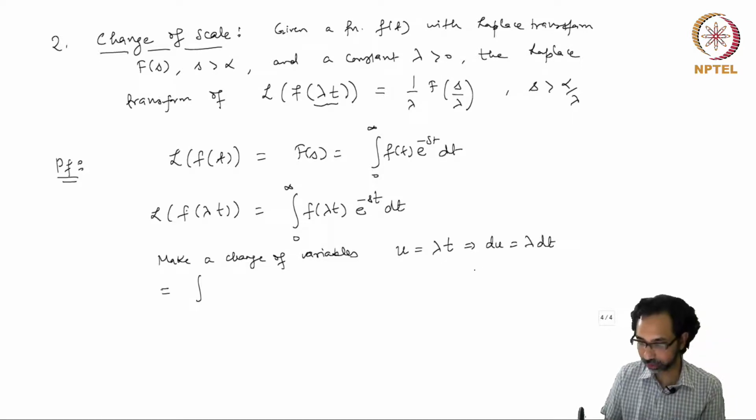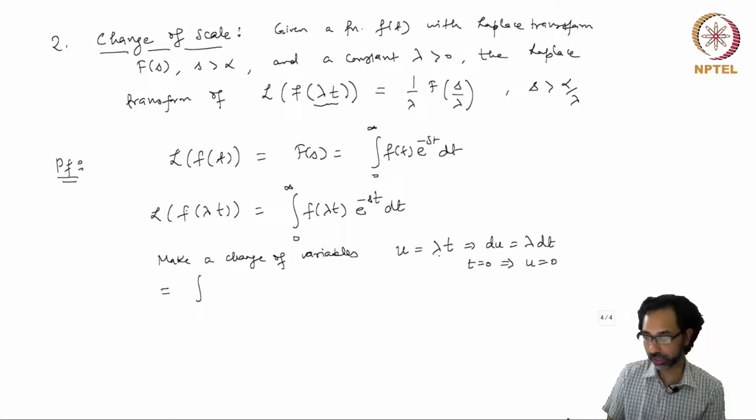So now let's see what are the limits of integration. When t equals 0, this means that u equals 0, because lambda is a positive number. So u should be 0 when t is 0, and when t equals infinity, this also implies u equals plus infinity, because lambda is positive.